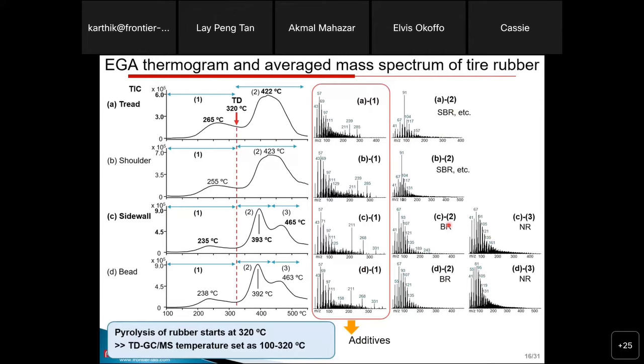So you are getting this information even with evolved gas analysis itself. But with flash pyrolysis, you will be able to confirm, and also you can get the real composition of this mix or blend. Evolved gas analysis cannot tell you how much is butadiene rubber or how much is natural rubber, but flash pyrolysis can give that information as well.